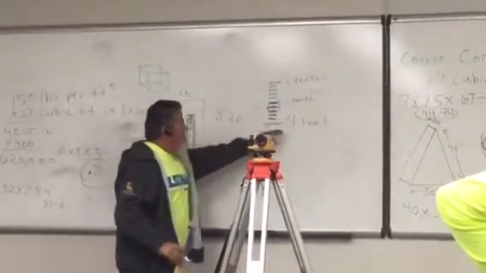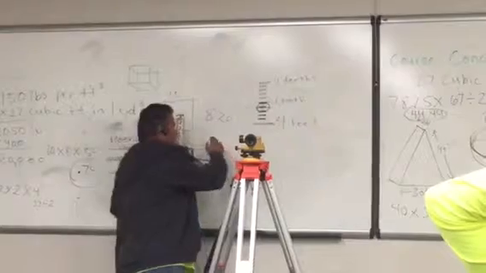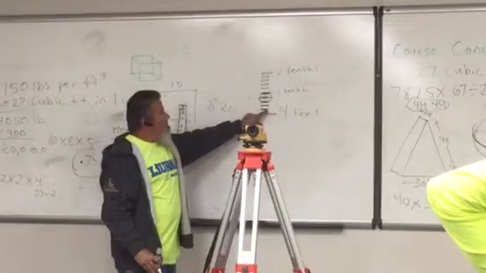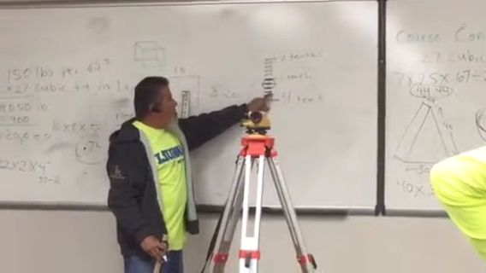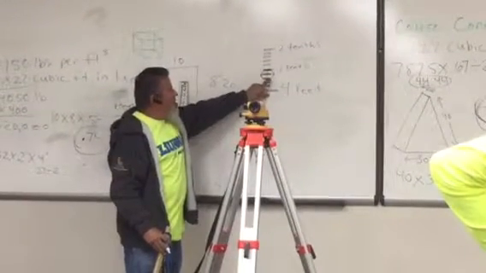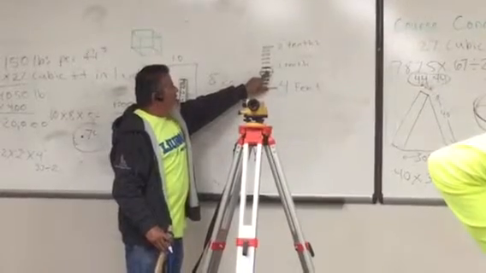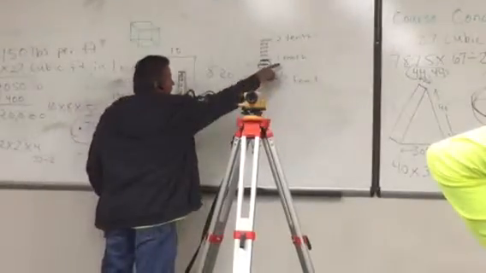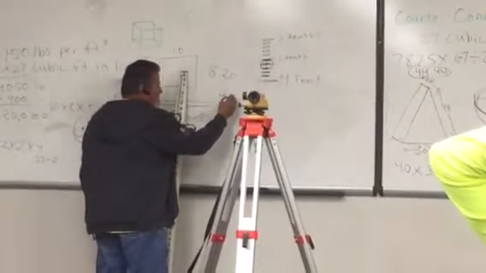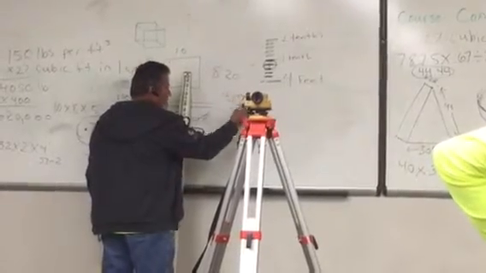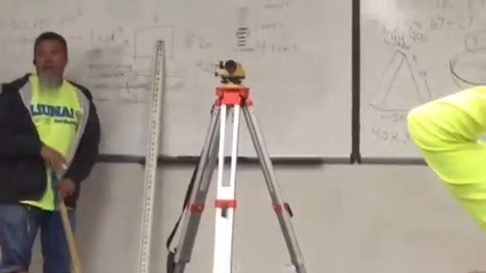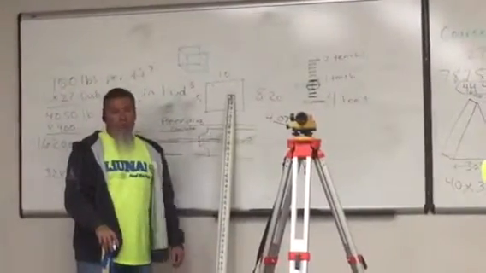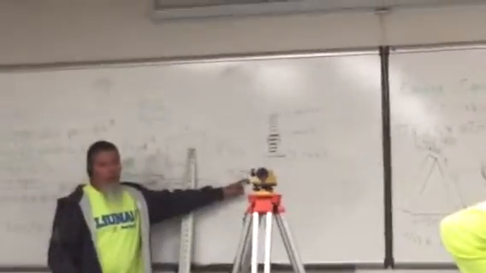This would be written as follows: 4, and then you count 1, 2, 3, 4, 5, 6, 7. So if I was gonna write this on this stake, because I haven't hit a tenth yet, it would be written like this. You understand? You count the bottom and the top? 4.07, which is 4 feet 7 hundredths.